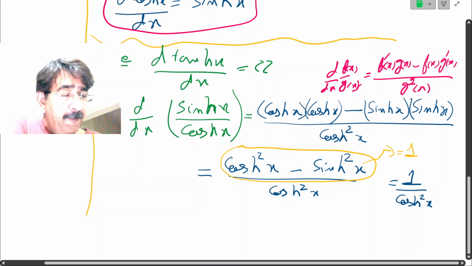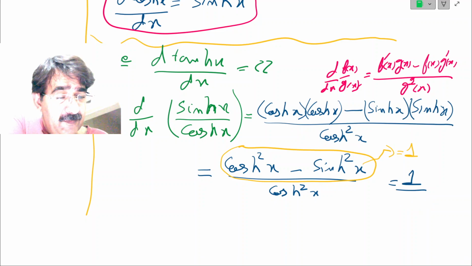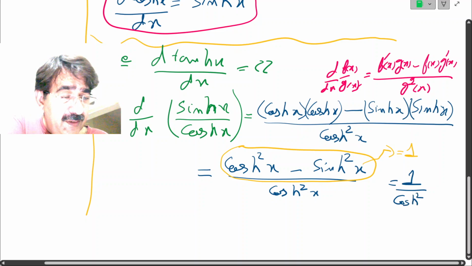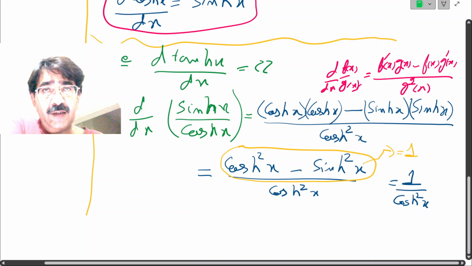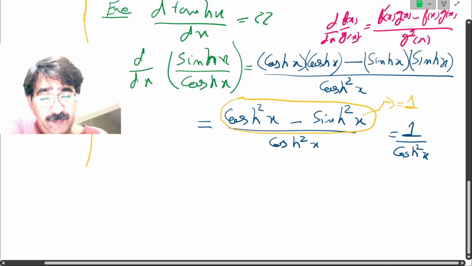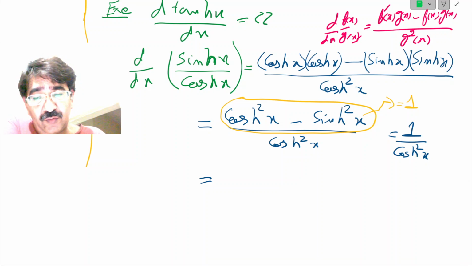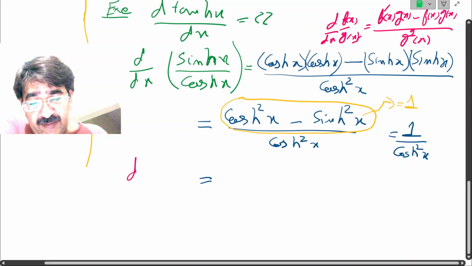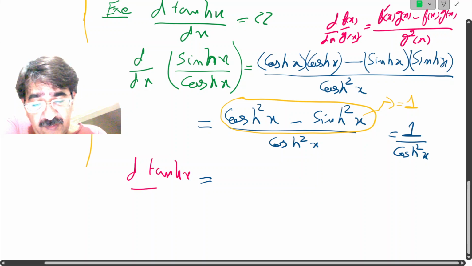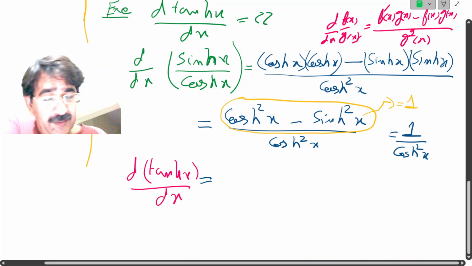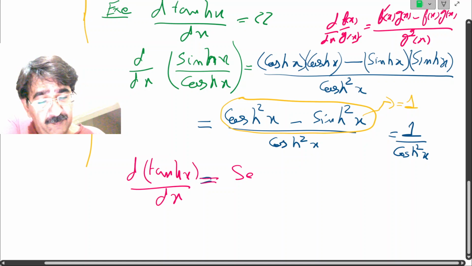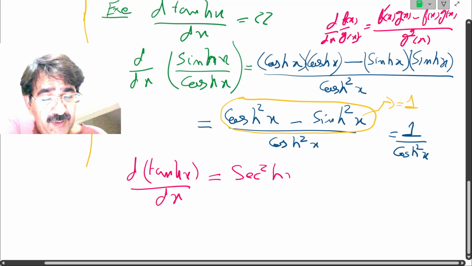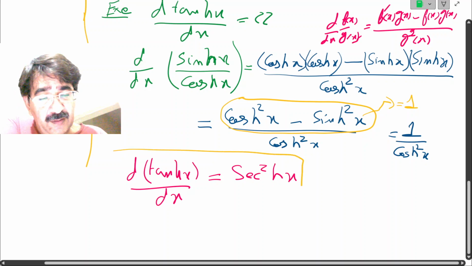But 1 over cos hyperbolic square is equal to secant hyperbolic square, so the derivative of tan hyperbolic x with respect to x will be secant square hyperbolic x. This will be your required result.